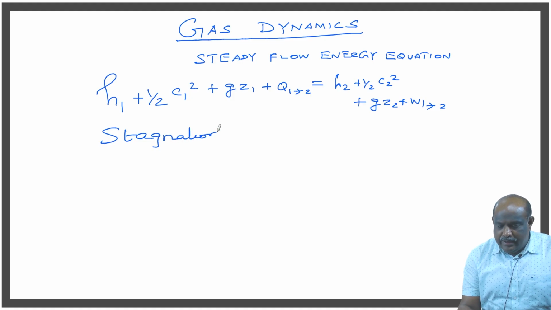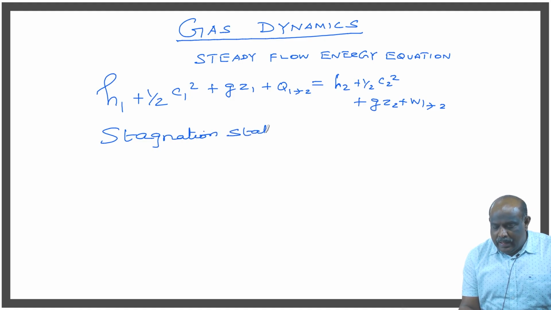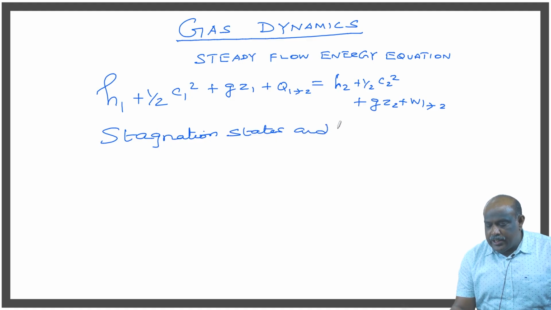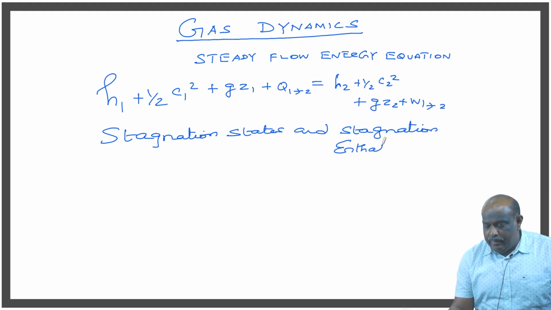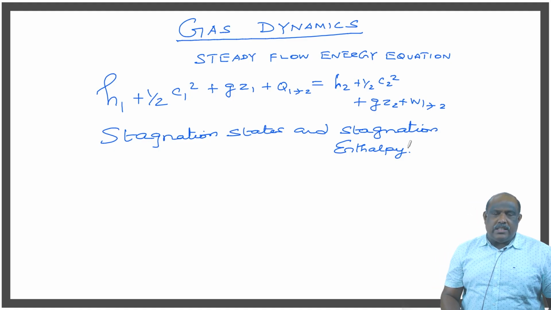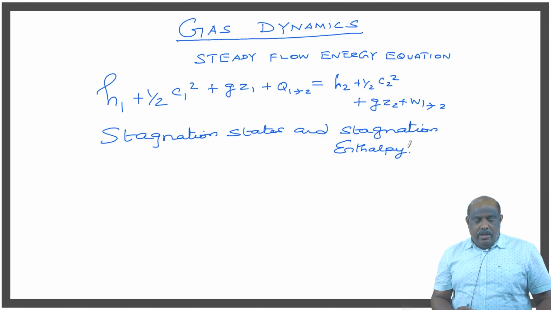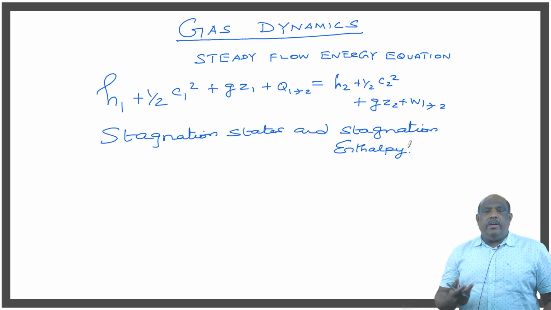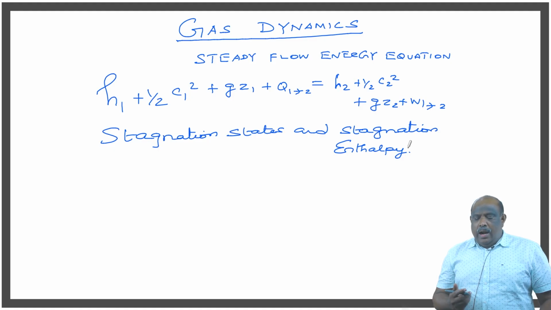Stagnation states and stagnation enthalpy. In the above equation, we can see h1 stands for the static enthalpy, half c1 squared is the velocity component or the kinetic energy, g z1 is the potential energy, q12 is the amount or rate of heat transfer, and w12 on the right hand side is the amount of work transfer.